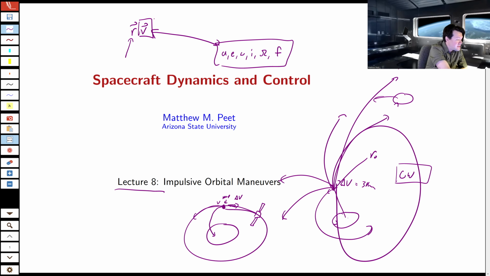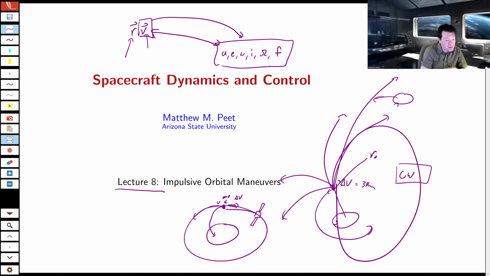Now that does change your orbital elements, and it puts you on a new trajectory, but you don't have complete freedom there. In fact, your velocity has only 3 components, and there are 6 orbital elements. So obviously you're not going to be able to change all 6. Which orbital elements you can change and by how much is a very complicated set of equations, and in some sense it's beyond the scope of this course.